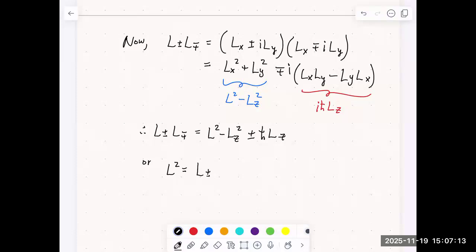So we solve for L squared. We have L plus minus times L minus plus, and then plus Lz squared, and now we're back to a minus plus h bar Lz. This thing's important enough that we'll give it a label.